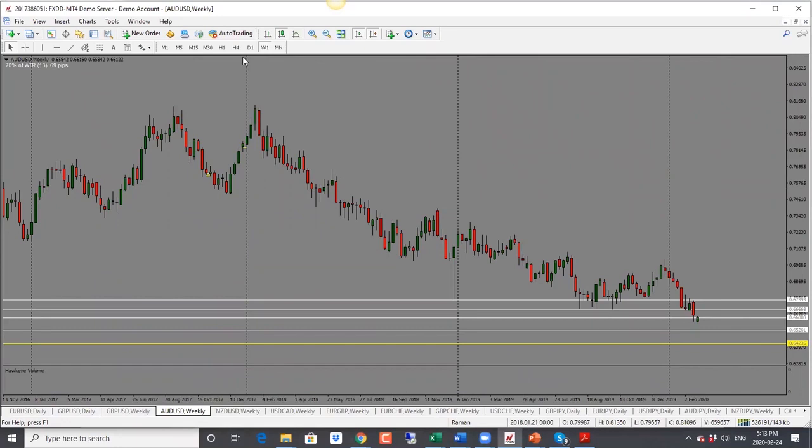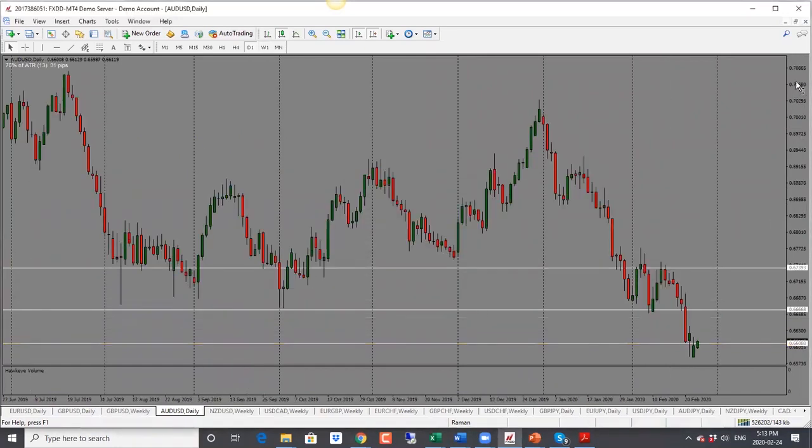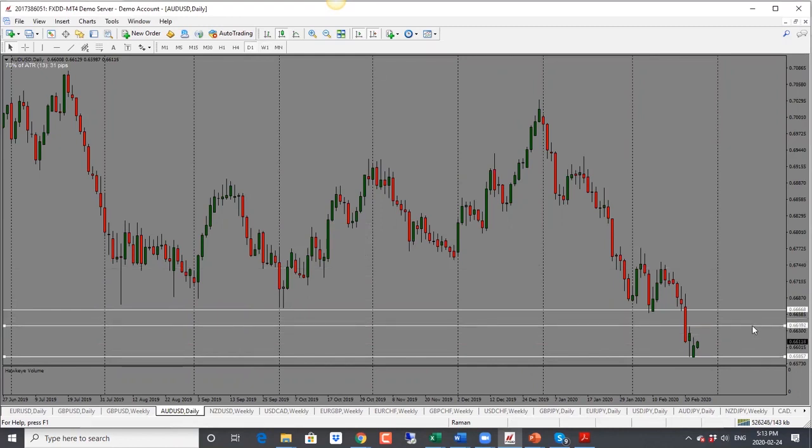Aussie dollar here, this one was impacted by the coronavirus issue, and we saw that price actually dropped, but then it hasn't been able to make it through the support level. So now as the trading gets underway here in Asia, we are seeing that price is moving back up.